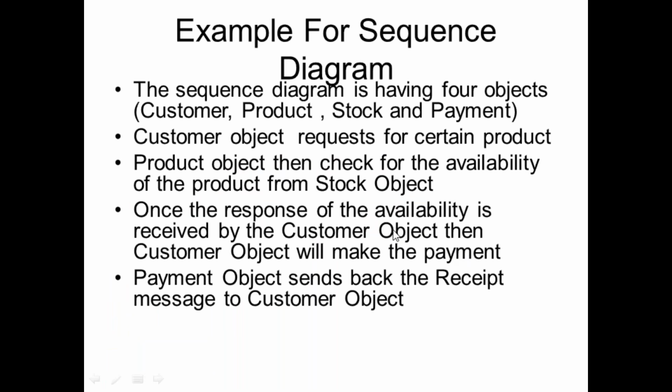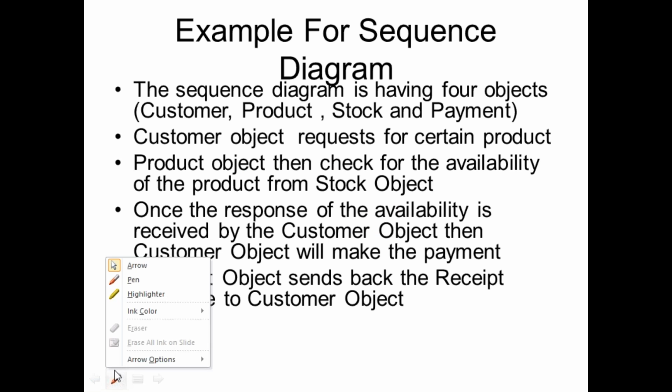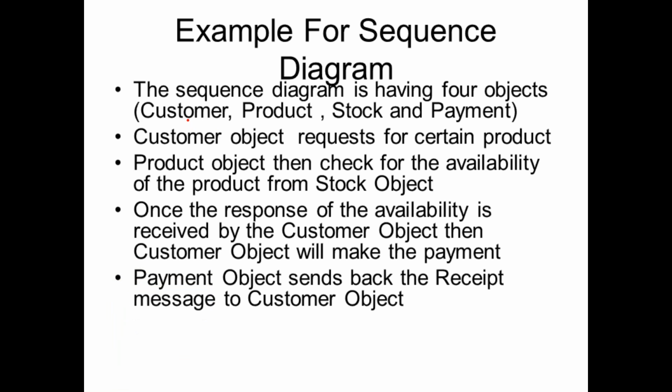Now, when we talk about the example of a sequence diagram, it has four main objects: customer, product, stock, and payment. Customer object requests for a certain product. Product object then checks the availability of the product from the stock object. Once the response of the availability is received by the customer object, the customer object will then make the payment.